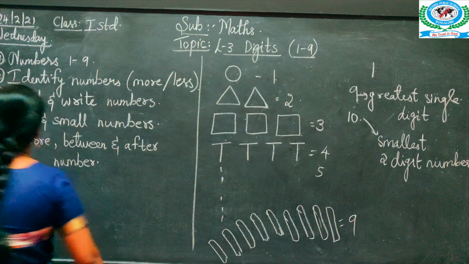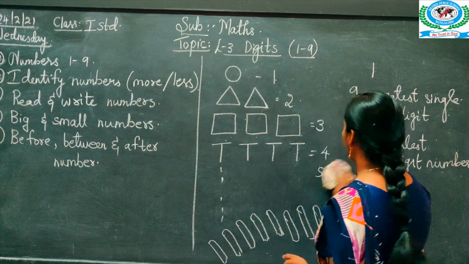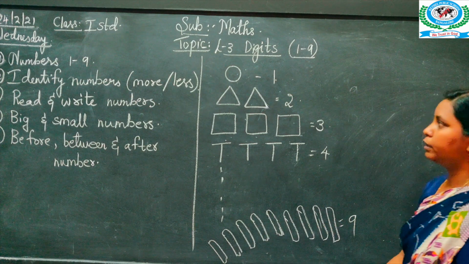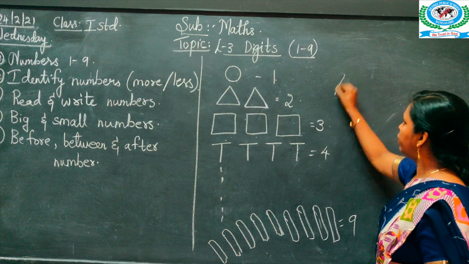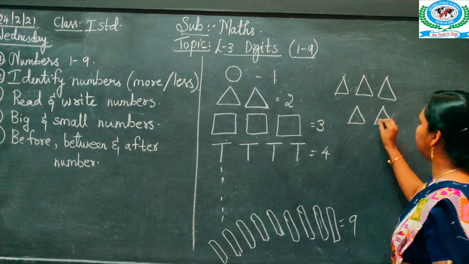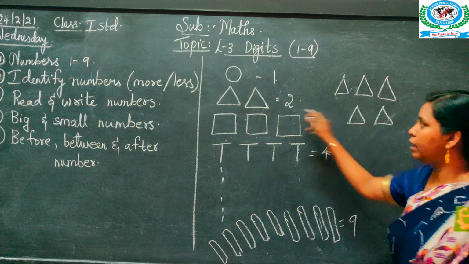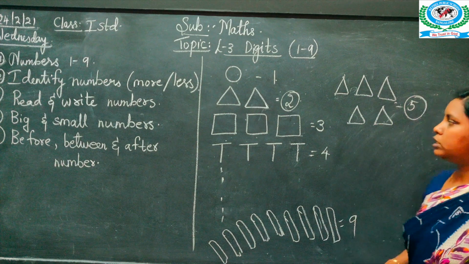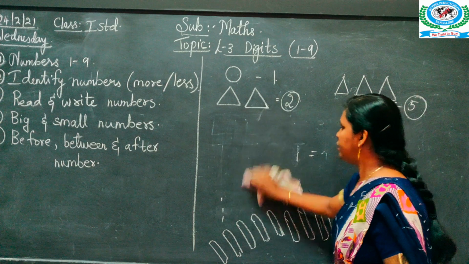Now we'll move on to the second subunit, that is identifying numbers. So here, taking this as the same example, more and less. So for example, if we have 2 triangles here and if we have 5 here, which is in more quantity?